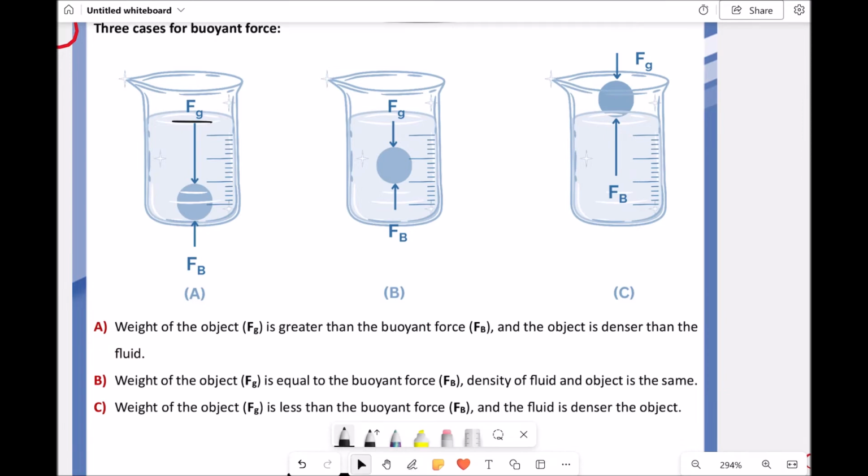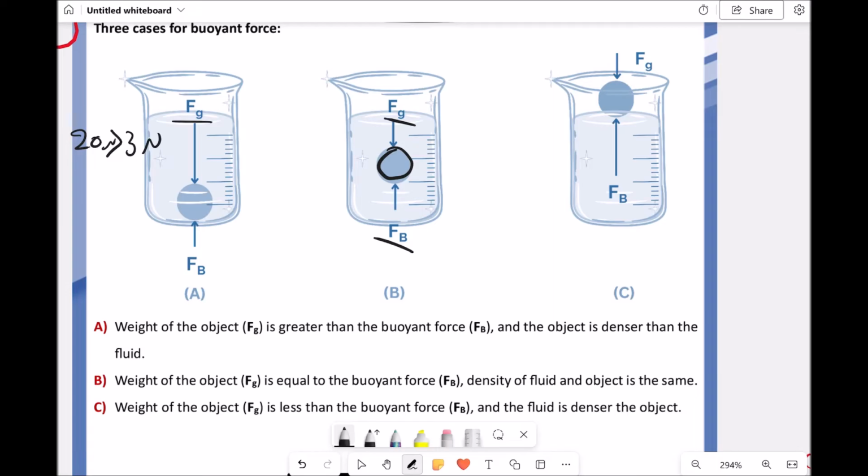If the object is standing in the water, we say that Fg, which is the weight of the object, is equal to the buoyant force. Let's say here Fg is equal to 20 Newton and buoyant force is equal to 3 Newton. Let's consider it like this. So here the object is going to sink. Why?